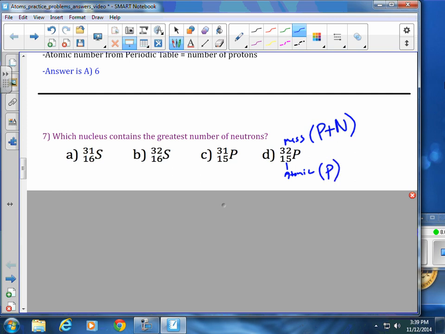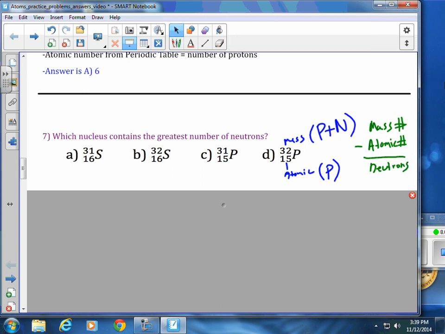So in order to solve this problem, I have to do some simple math. I have to do my mass number minus my atomic number equals number of neutrons. Okay, so if I do this simple math out, this is how I would do it.